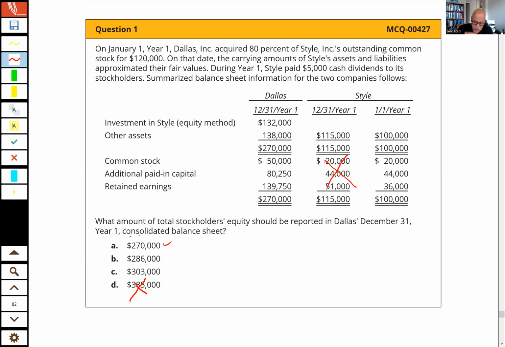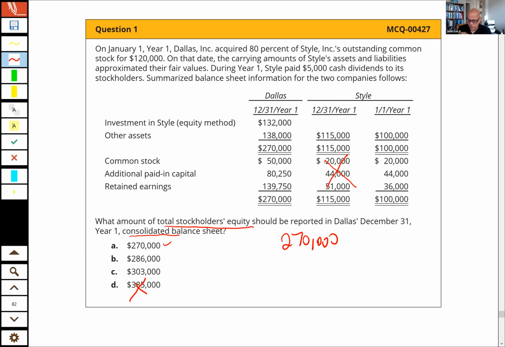It asks me the total of stockholders' equity, which includes the parent's stockholders' equity, which is 270, plus the non-controlling interest part. Right? Isn't that what we saw in the stockholders' equity when we looked a minute ago? It was not just the parent's.